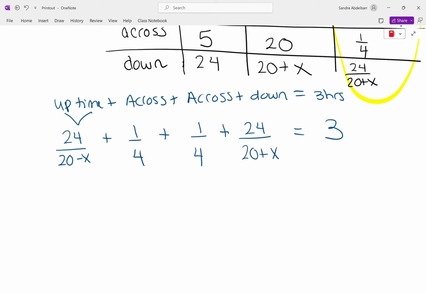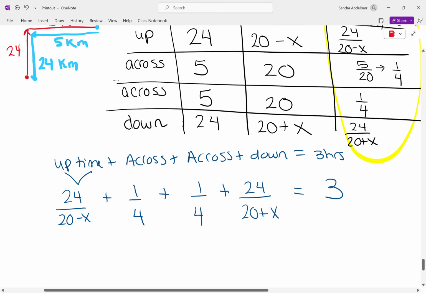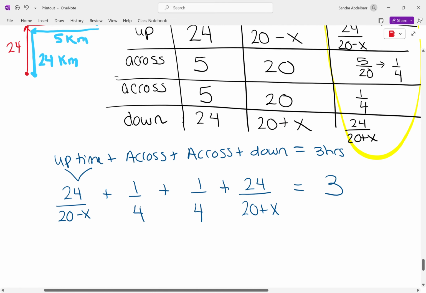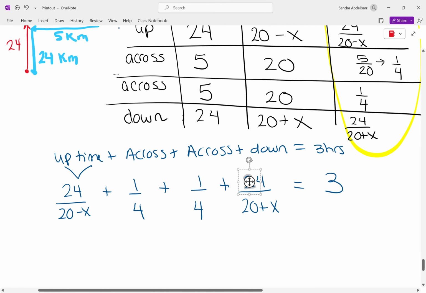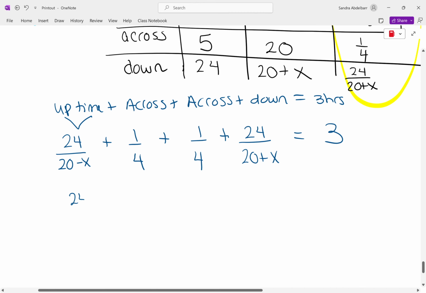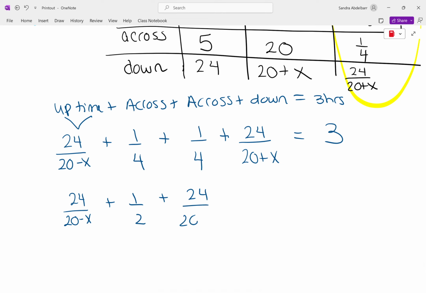All right, we are going to multiply by 4 times 20 minus x, 20 plus x. Oh, wait, no. I can simplify this more. What's a fourth plus a fourth? 1/2. A fourth plus a fourth is 1/2.